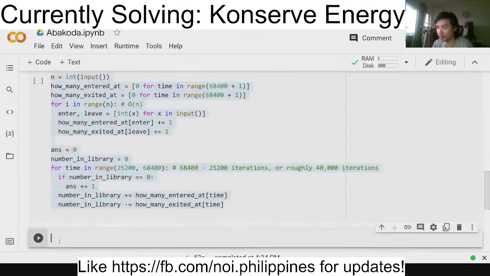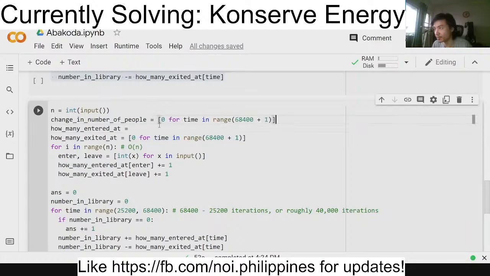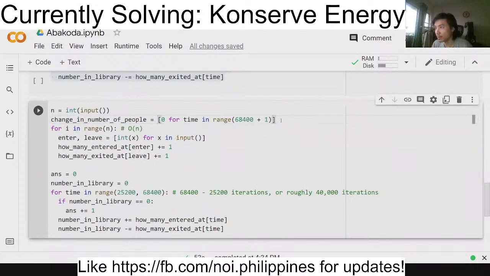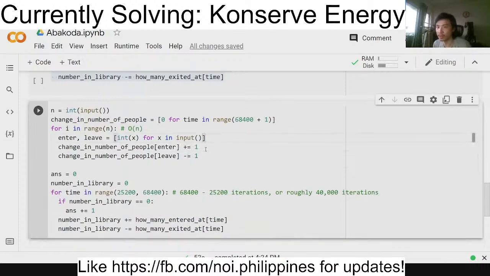Right? So the change in the number of people at a given time is what? Well, again, it's 0 initially. And then when someone enters at that time, the change increases by 1.